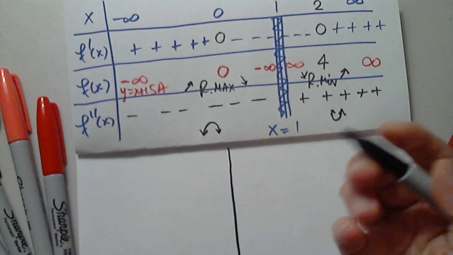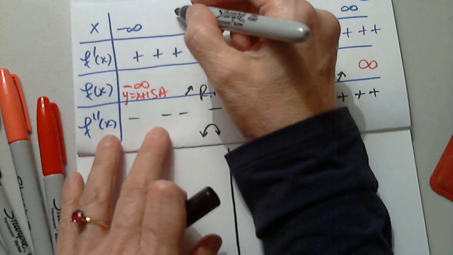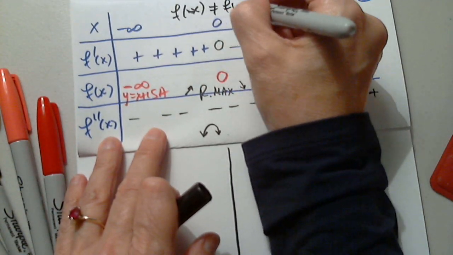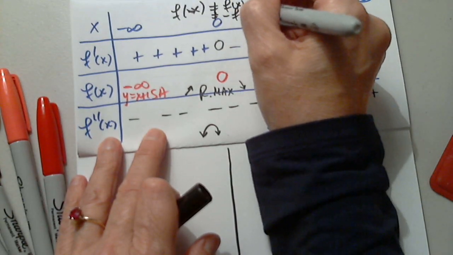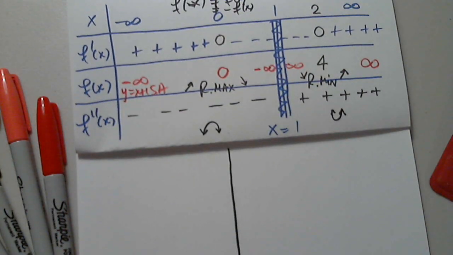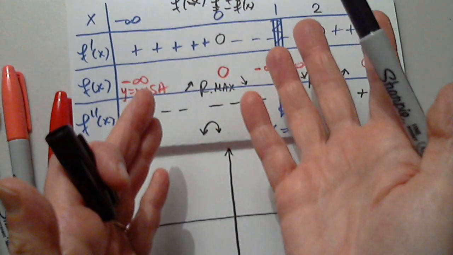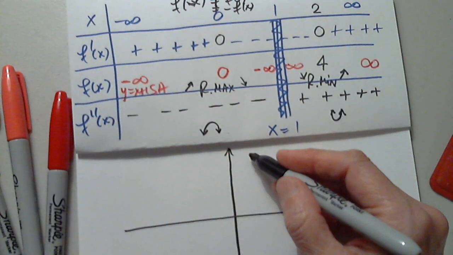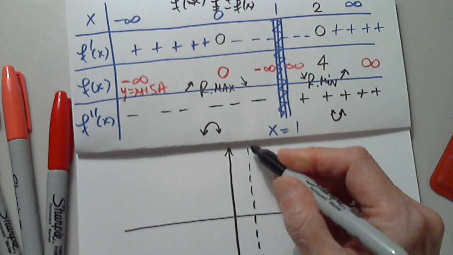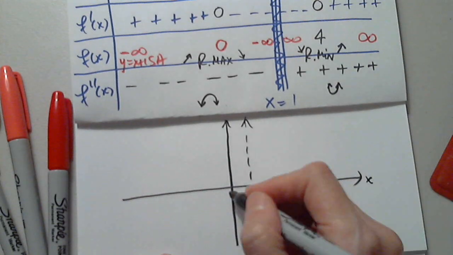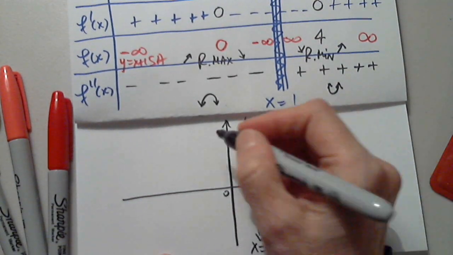And of course the function is not symmetric. I should write here: f of negative x does not equal f of x, and it does not equal negative f of x, meaning the function is not symmetric. How do I know? I don't have to calculate anything. It has a vertical asymptote at 1. It will never be symmetric with respect to anything. Good. So this is x equals 1.